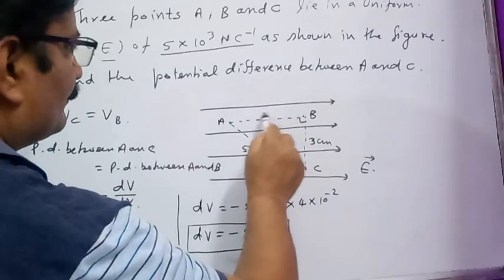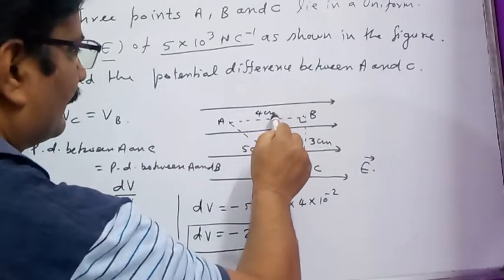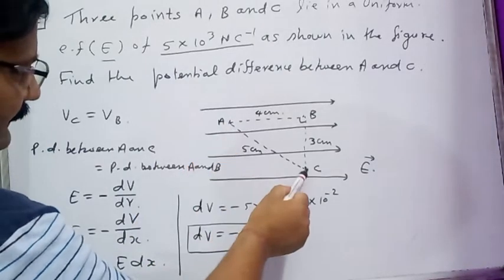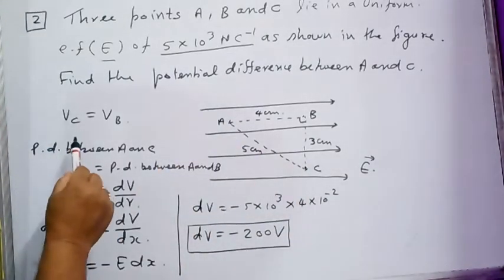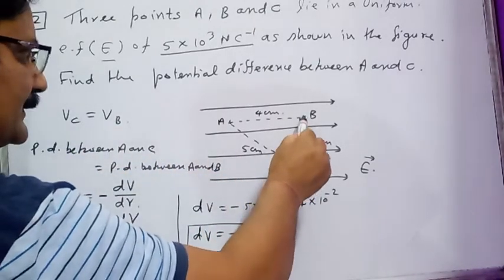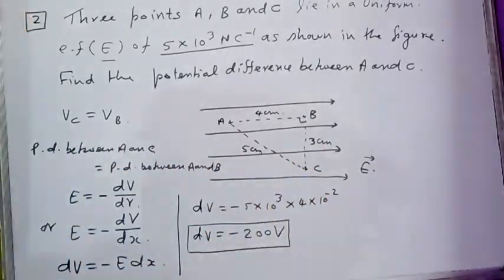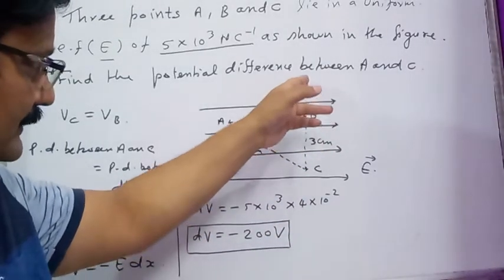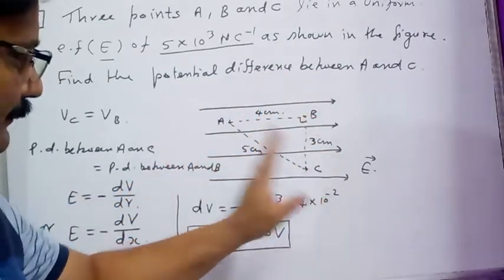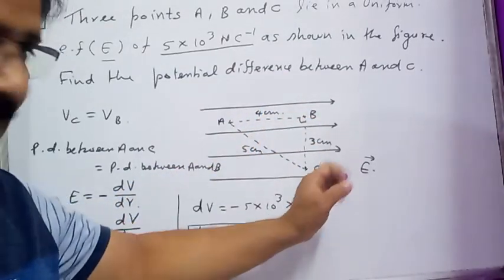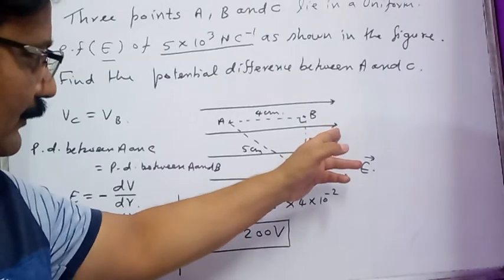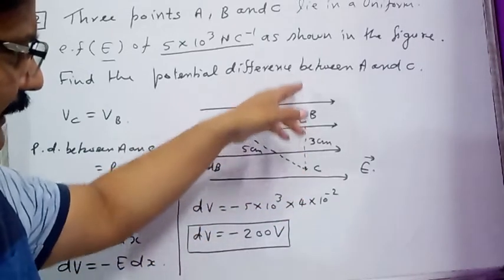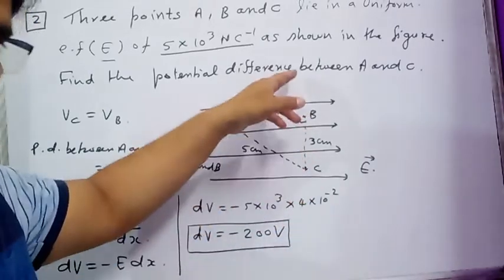The distance AB is going to be 4 centimeter, and we have to find the potential difference between points A and C. The potential at point B is going to be the same as the potential at point C, as both points are lying in the same vertical position and the electric field is towards the positive x-axis. So if we move in the horizontal direction, there is going to be a change in the potential, but in the vertical direction there is going to be no potential change.